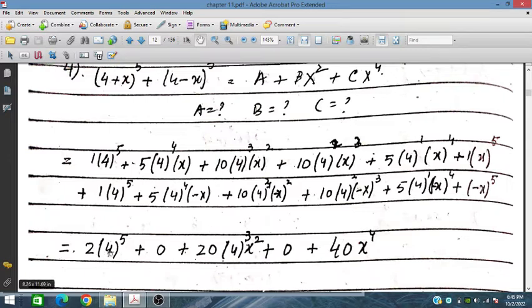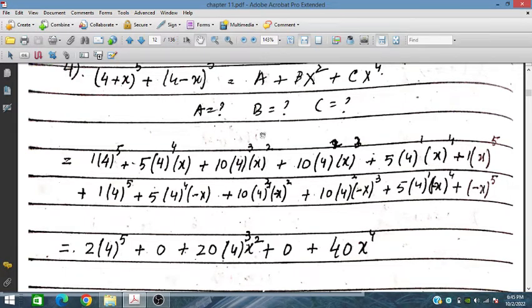So we will have 2 times 4 power 5, 20 times 4 power 3, 10 plus 10, 20, and in this case 20 plus 20 means 40 x power 4. So we have this value.